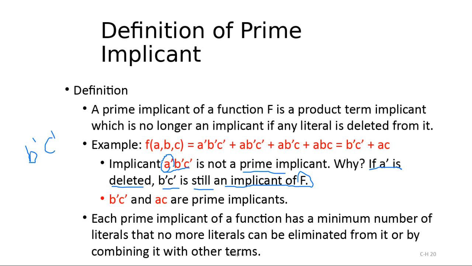You don't need A like that. And also AC is a prime implicant, and these two terms are the prime implicants. Each prime implicant of a function has a minimum number of literals, such that no more literals can be eliminated from it by combining it with other terms.